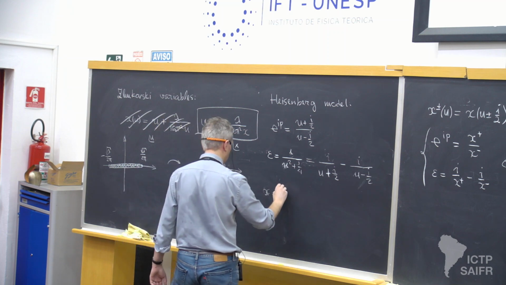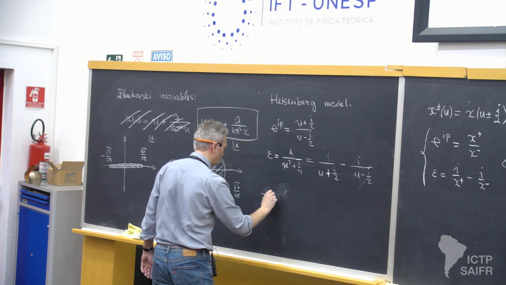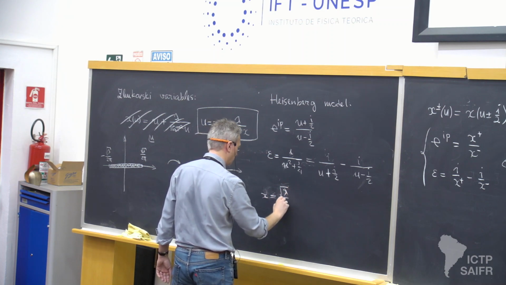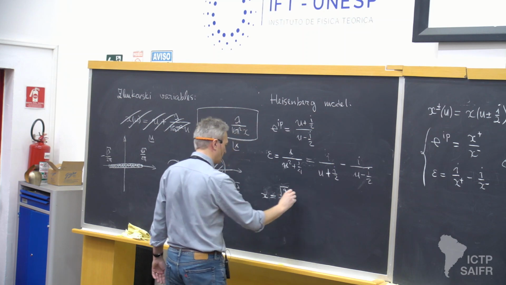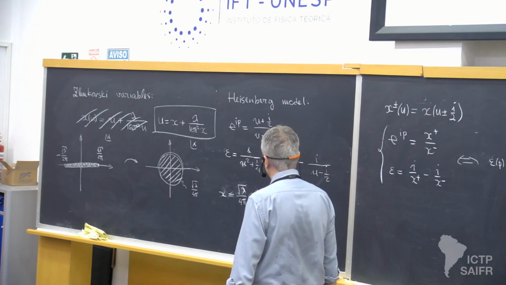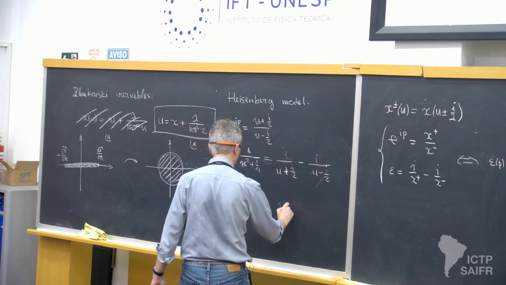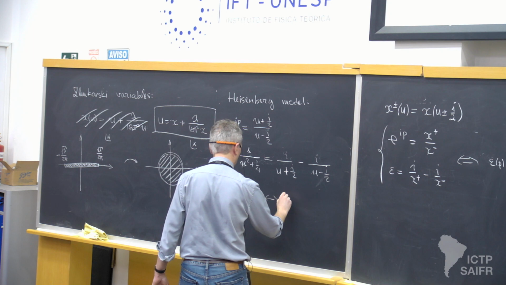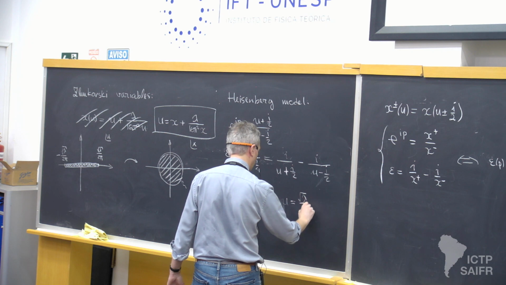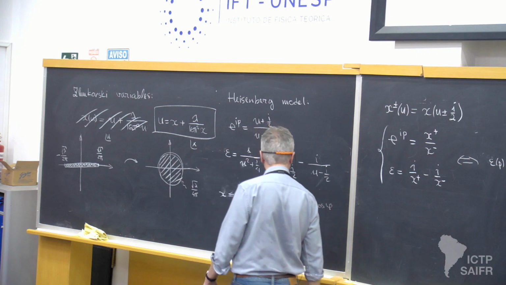So if you write x equals square root lambda over 4 pi times e to the i phi, then u will be equal to square root lambda over 2 pi times cosine phi, right?